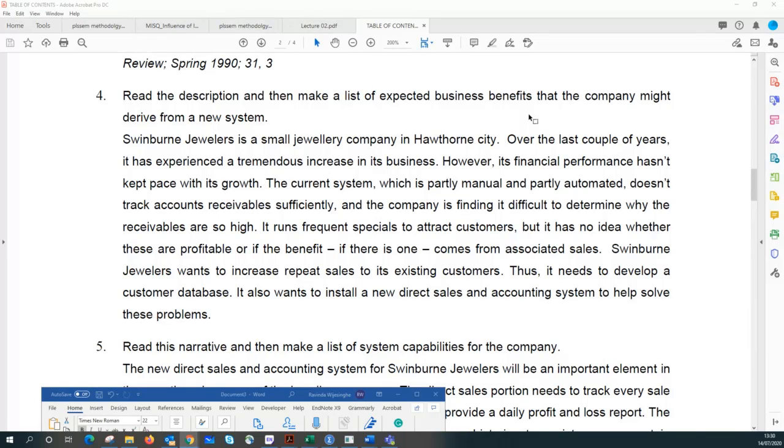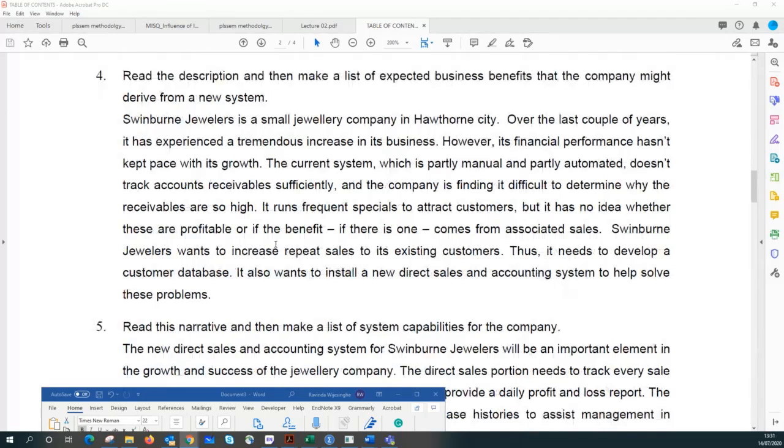This question specifically asks for business benefits. So how are you going to find the business benefits in this case study? We need to look at what the actual problem is they are facing and what they would like to overcome. Let's read this problem very carefully.